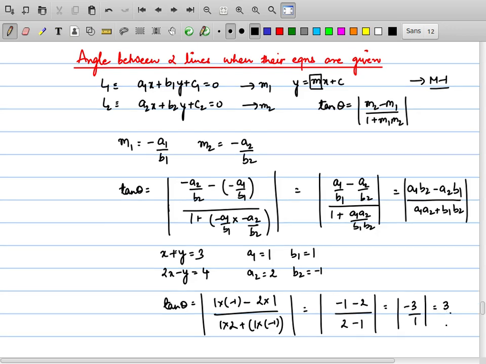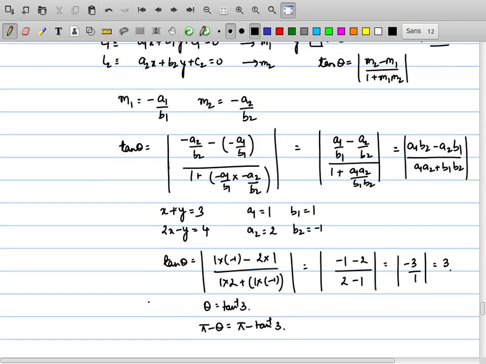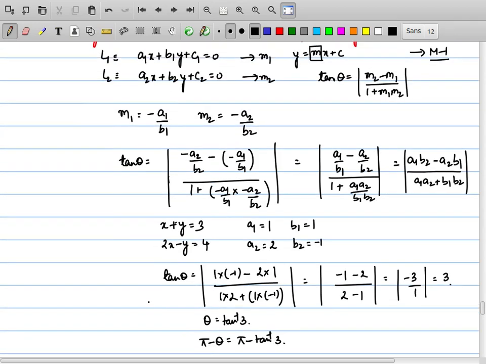The acute angle between the lines is theta equals tan inverse 3. And the obtuse angle, obviously, if this is the acute angle, will be pi minus theta, that is pi minus tan inverse 3. So instead of finding m1, m2 and all that, we can directly use this formula. We can learn this: mod of (a1 b2 minus a2 b1) upon (a1 a2 plus b1 b2).